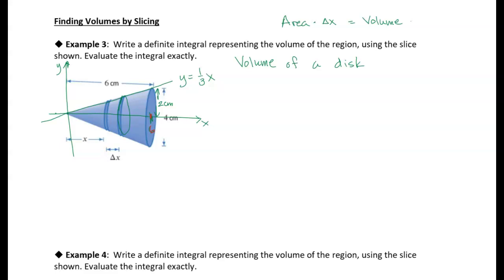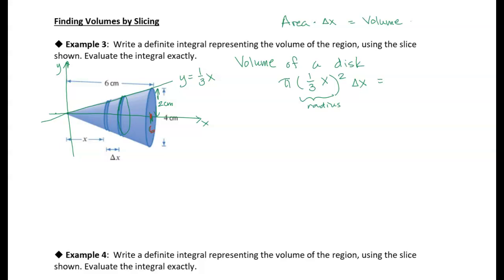In this case the radius is defined by that line, the distance up to that line, 1/3 x, and it's squared. This is the radius of any given disk, and it's going to vary as you move along the cone. Then if we take it times the delta x, we have the volume of any given disk.